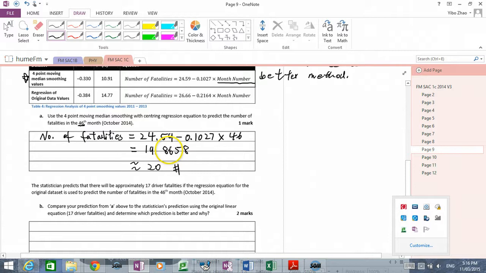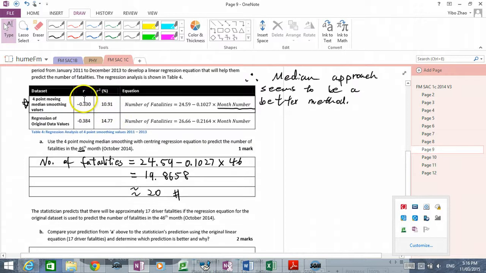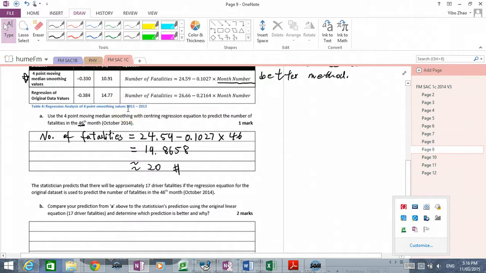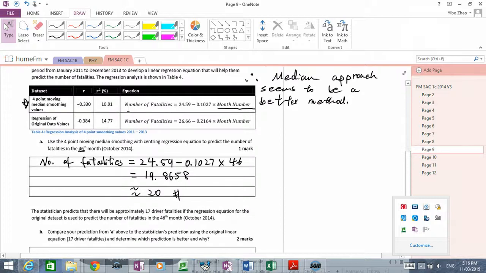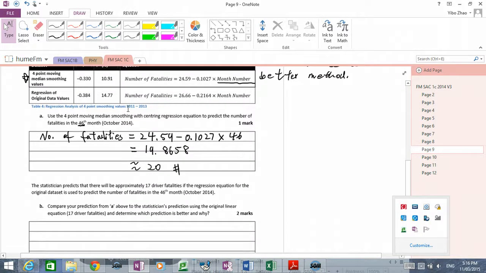In this case, the way I would do it is look at the R value and R squared value.